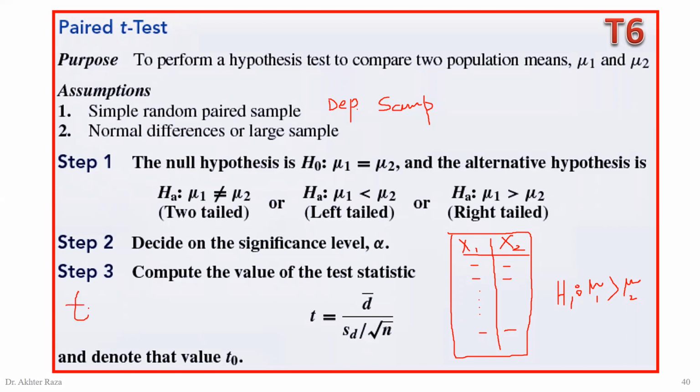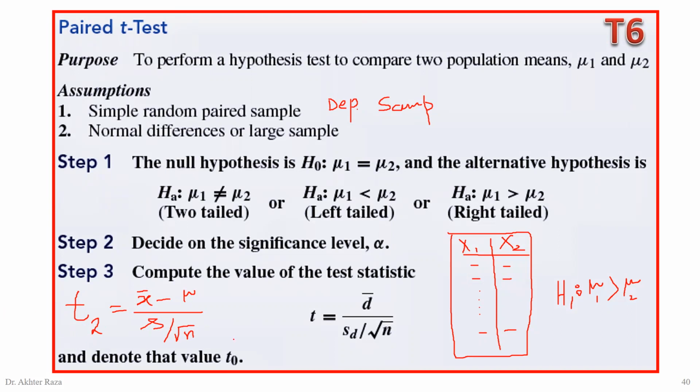In the procedure T2, X bar minus mean divided by S upon root N. So you can see this formula is exactly the same as the formula of the t-test we discussed in chapter number 9.